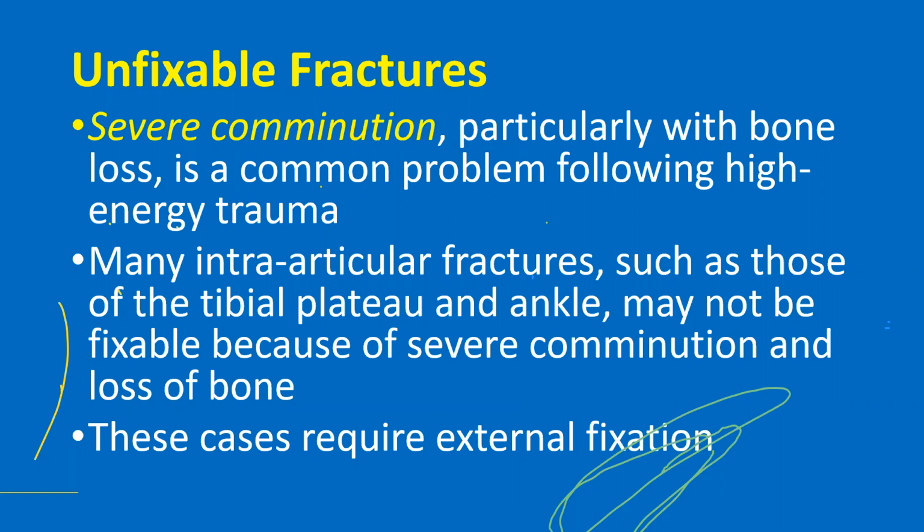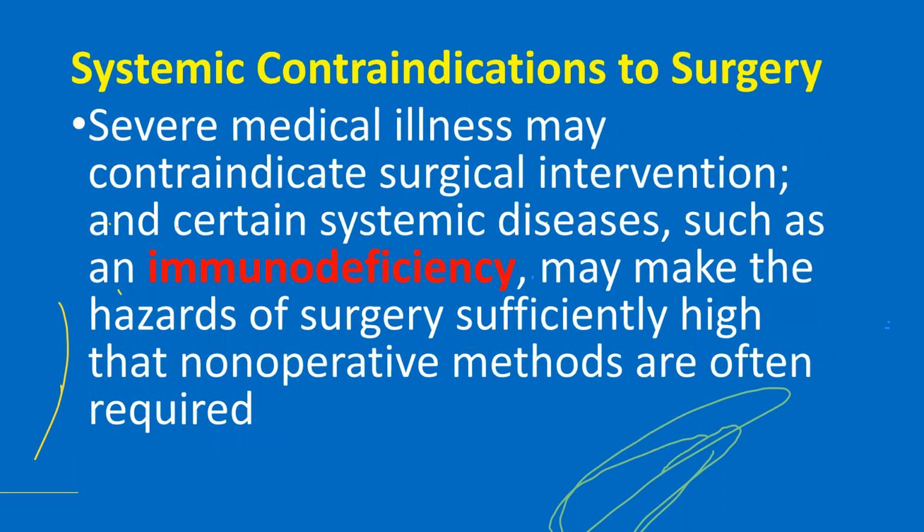It's true we have certain approaches that we use in the three-column theory and in Schatzker's classification. We use plates and everything. Many times in the severely comminuted fractures, meaning types 4, 5, and 6, you can get so much comminution that no matter what you do, there's still some irregularity of the joint. And many times in the elderly, we end up doing a total knee replacement. These cases require external fixation, nothing else.